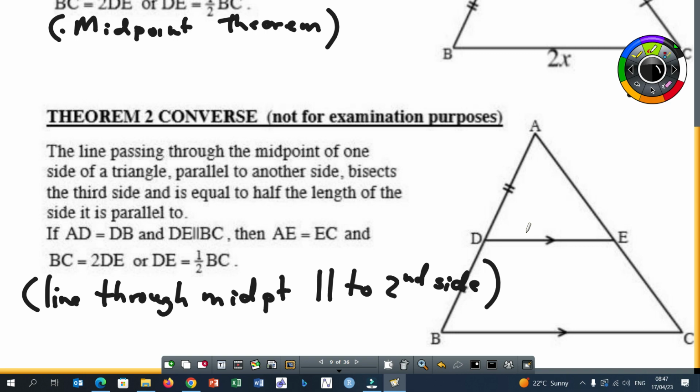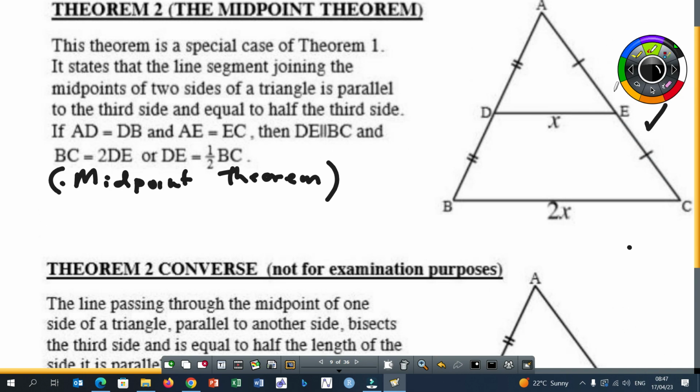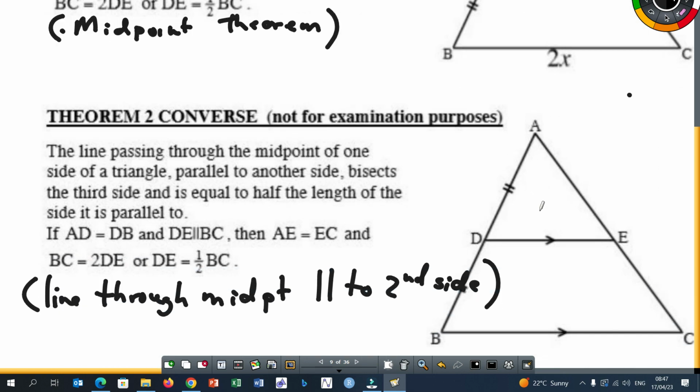It's unlike the original midpoint theorem where two sides are bisected by the line inside. Your reason for this is: line through midpoint parallel to second side. That's the reason for the so-called converse.